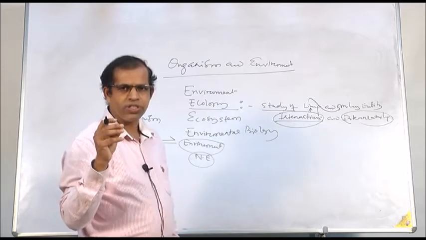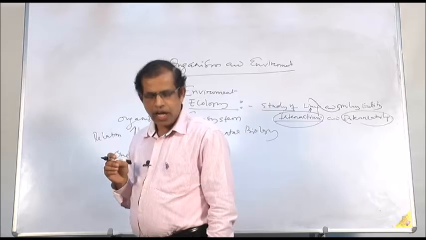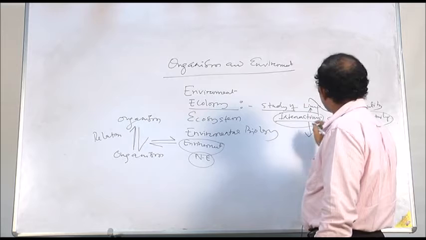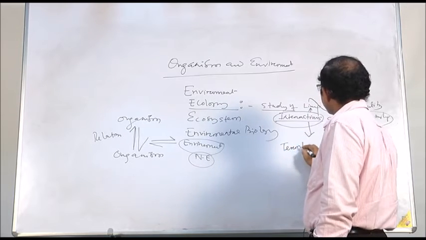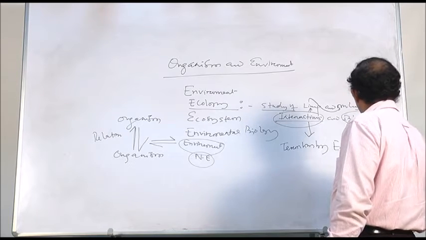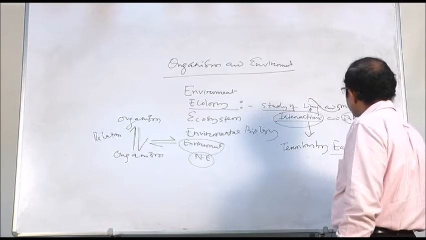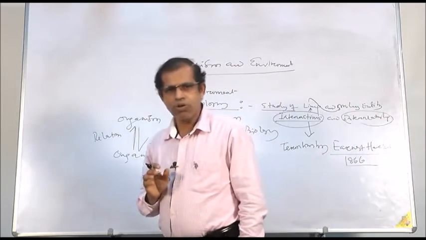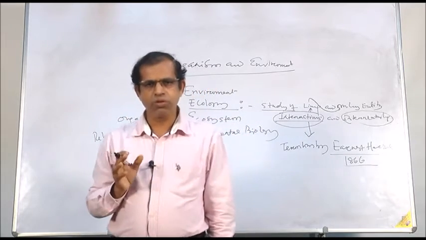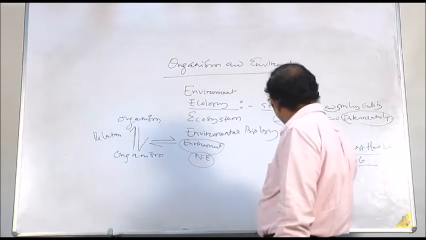The terminology ecology was given by the famous scientist Ernest Haeckel in the year 1866. The father of modern ecology is E.P. Odum.